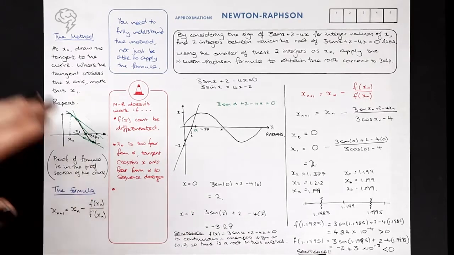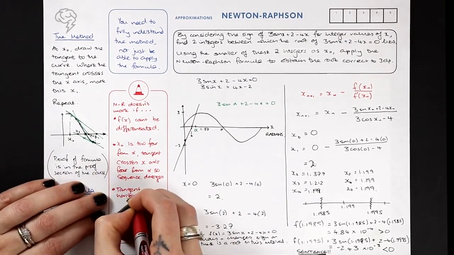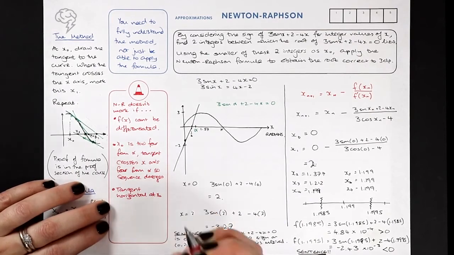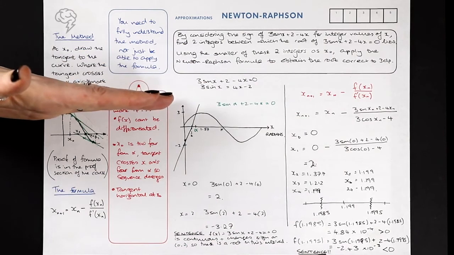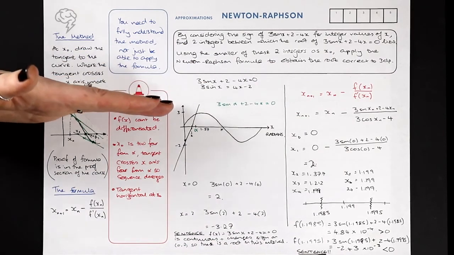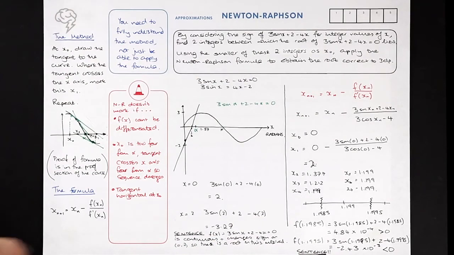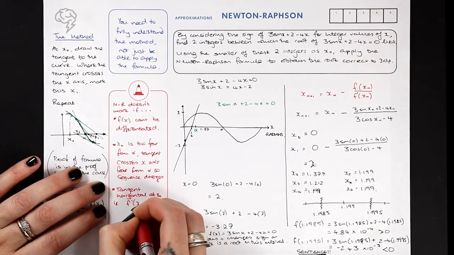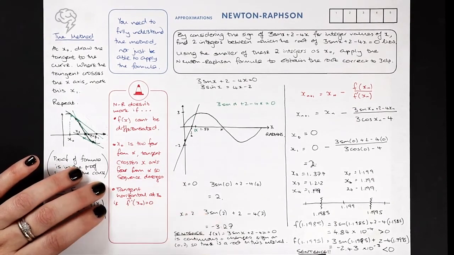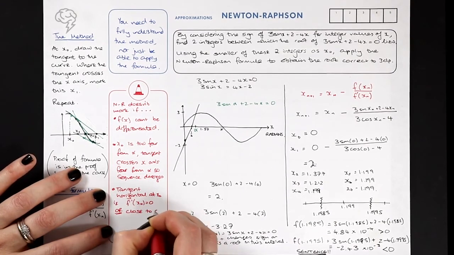Okay, what else? These are the big ones. The tangent is horizontal at your starting point. So say, for example, my original one, the tangent is flat. Well, I'm never going to cross the x-axis, so I can't find out where I cross the x-axis, can I? Because I don't cross the x-axis. So if the tangent is horizontal, i.e. the derivative at the starting point is 0, or close to 0, even close to 0.